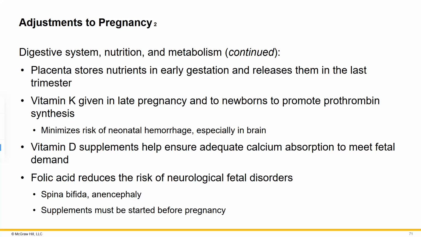Vitamin D supplements ensure adequate calcium absorption to meet the fetal demand, and folic acid reduces the risk of neurological fetal disorders, spina bifida, anencephaly. Supplements must be started before pregnancy. So folic acid is an essential vitamin that needs to be taken during pregnancy. This is why prenatal vitamins are strongly recommended.